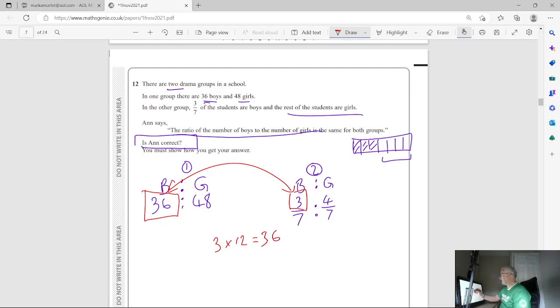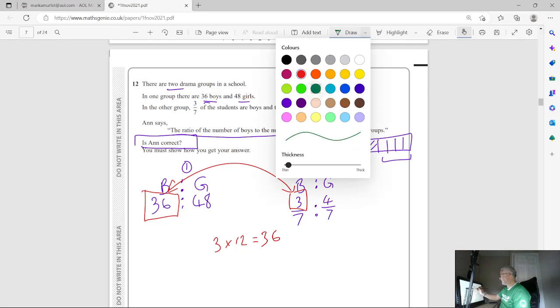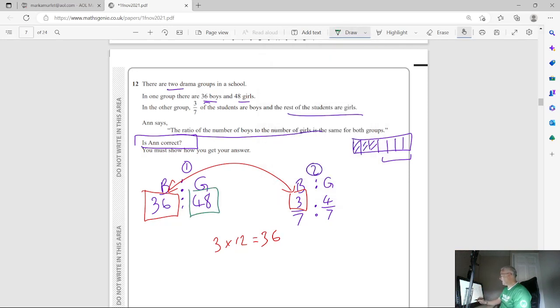So we're looking to say, okay, if I did the same thing to the girls, is it the same? Okay, so 4 times 12 also gives me 48. So that proves my point that they are the same ratio.